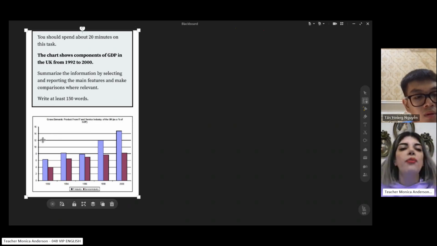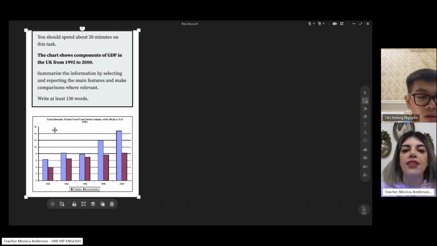With both components, IT and service industry, standing between 6 and just over 8. But there is a drop here, pay attention.